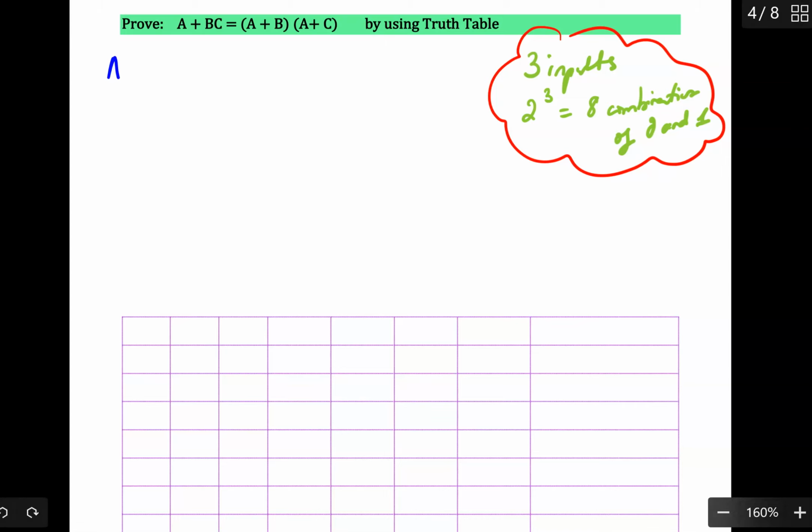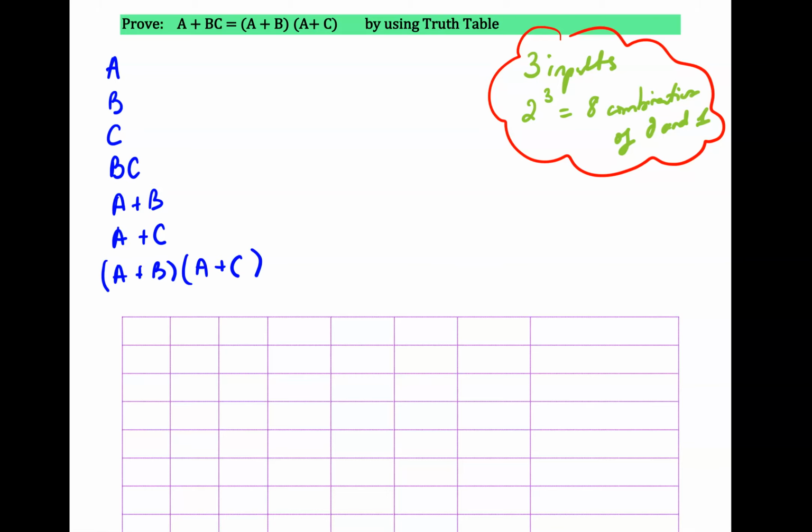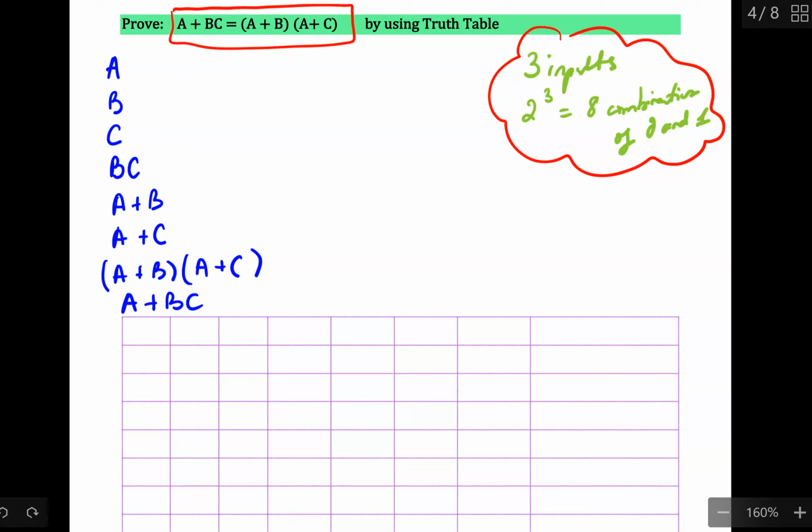In here I have input A, input B, input C. And then I should have a column for B, C. Then I should have a column for A plus B. And I should have a column for A plus C. And then I should have the column for A plus B and A plus C. And at the end, I need to prove that it's equal to A plus B, C. Alright, so now you see that in analyzing the detail of your statement, you will find out that you have to use 1, 2, 3, 4, 5, 6, 7, 8 columns in this case.